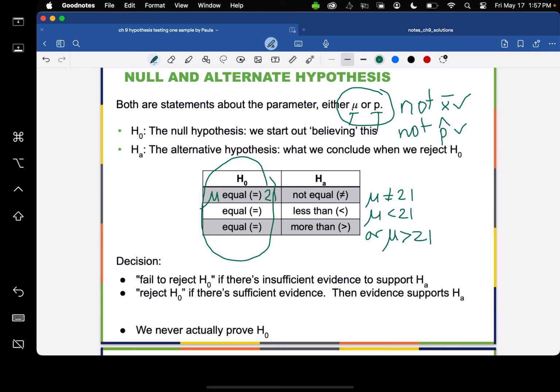But again, we start off believing the claim. We start off with the null hypothesis that says the population mean student age is 21. And then I'll lead you through a process where we determine whether we are going to reject the null hypothesis or not. We never actually get to prove the null hypothesis. We just either reject it or fail to reject it.